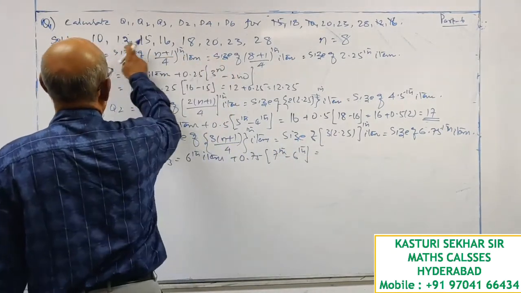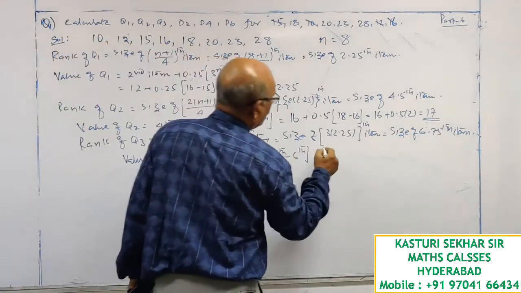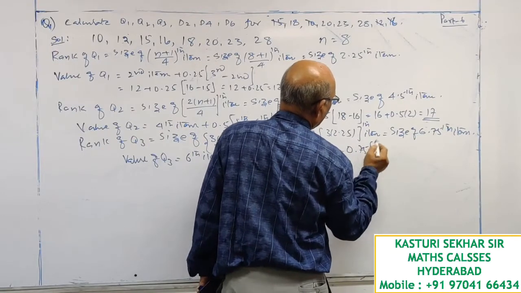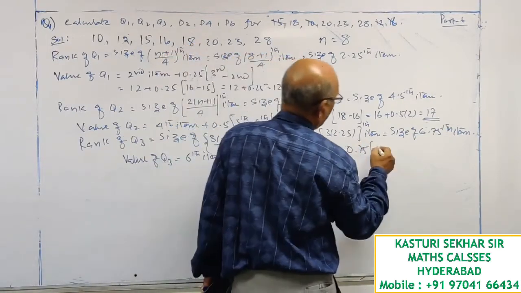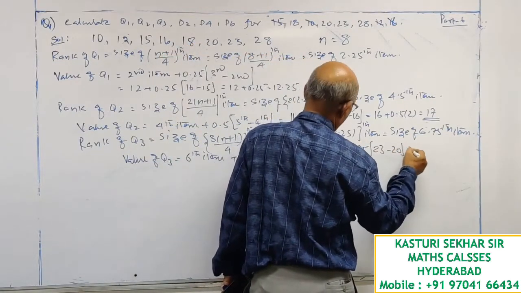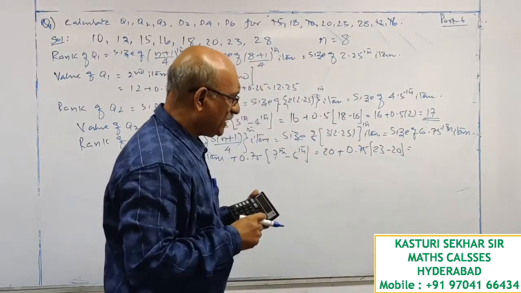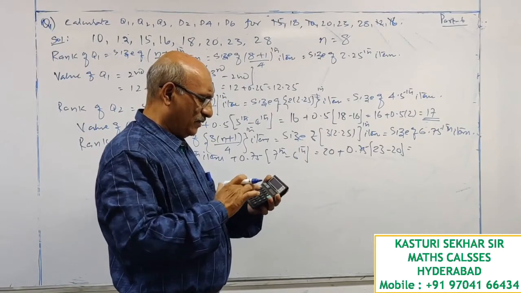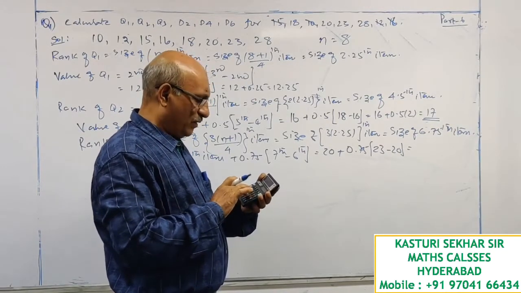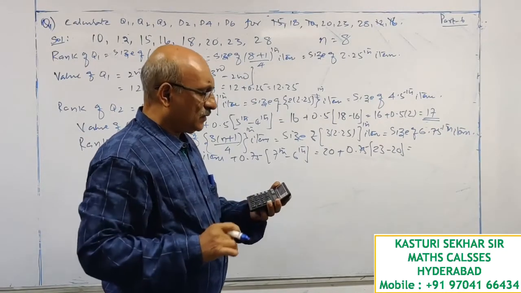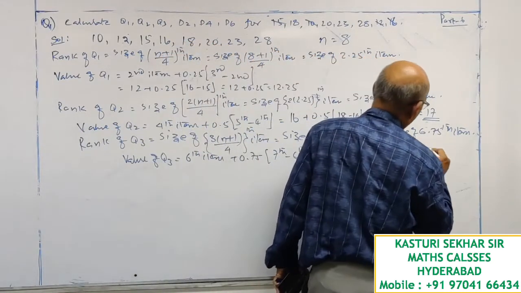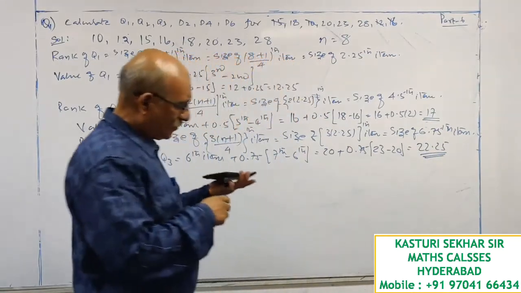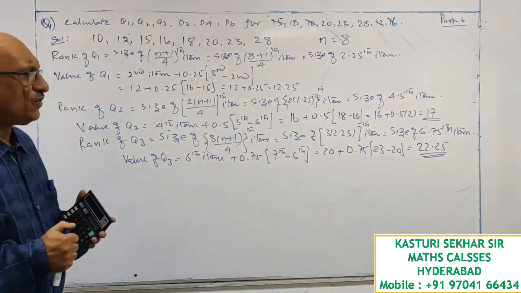Sixth item is 20 plus 0.75 into (23 minus 20). 23 minus 20 means 3. 3 into 0.75 is 2.25, plus 20. This is 22.25. This is the value of Q3.